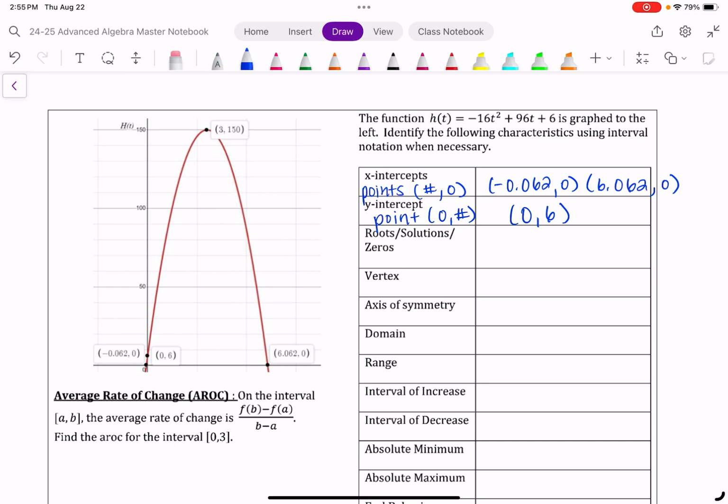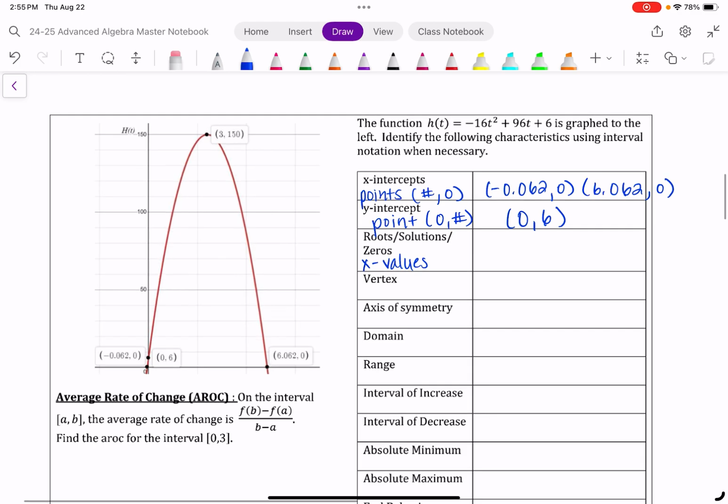Your roots, your solutions, and zeros, they are just x values. So they are the x values of the x-intercepts, which is negative 0.062 and 6.062. This is also the place where they cross the x-axis.